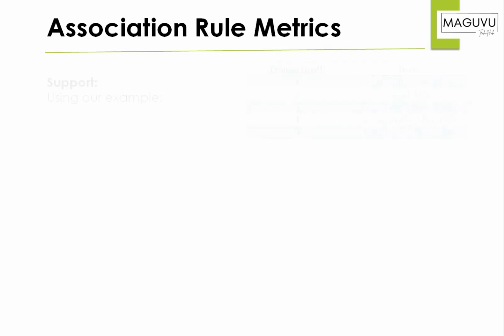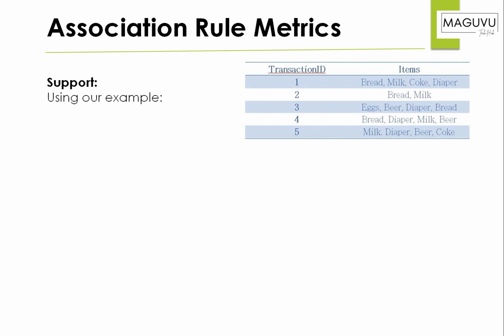Let's dive in and now focus on support. Using our example, how can we calculate support? When we are looking at support, we are looking at the frequency of an item. So let's say we want to get the support of bread, milk.